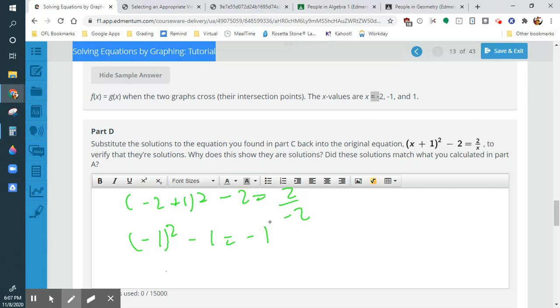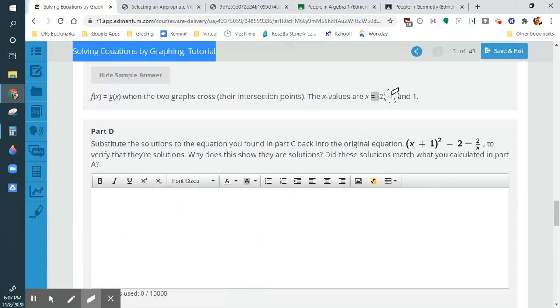Yeah, -1 squared. So this is 1 minus 2. Oh my gosh. This is supposed to be a 2. Equals -1. And -1 equals -1. Okay, so that works. So that's what they want you to do for the first one, the -2.